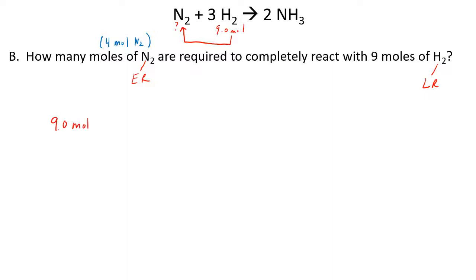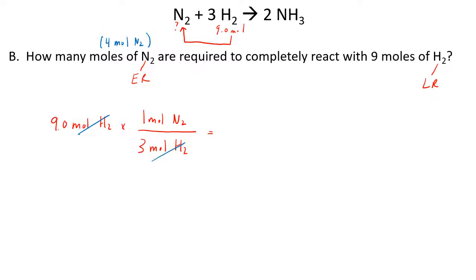Starting with our 9 moles of hydrogen, since we're already in moles, we can directly look at our balanced chemical equation. 3 moles of hydrogen will always react with 1 mole of nitrogen. And our hydrogen is in the denominator, so it cancels.